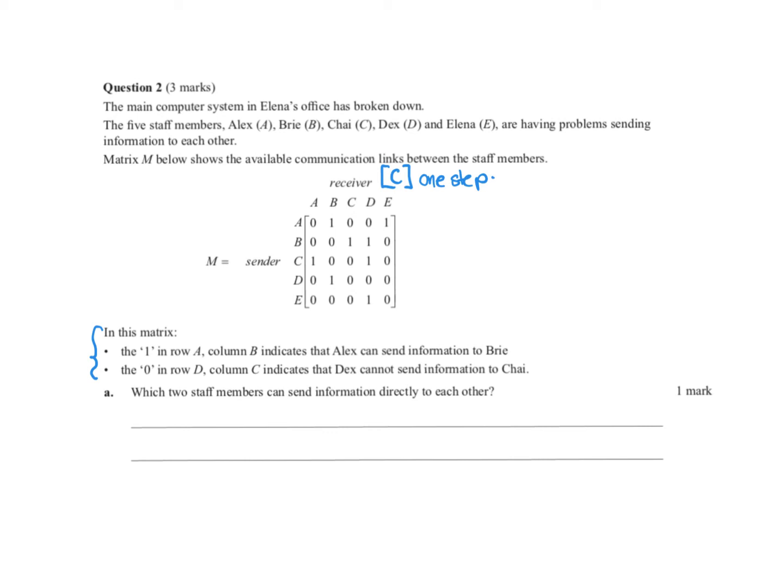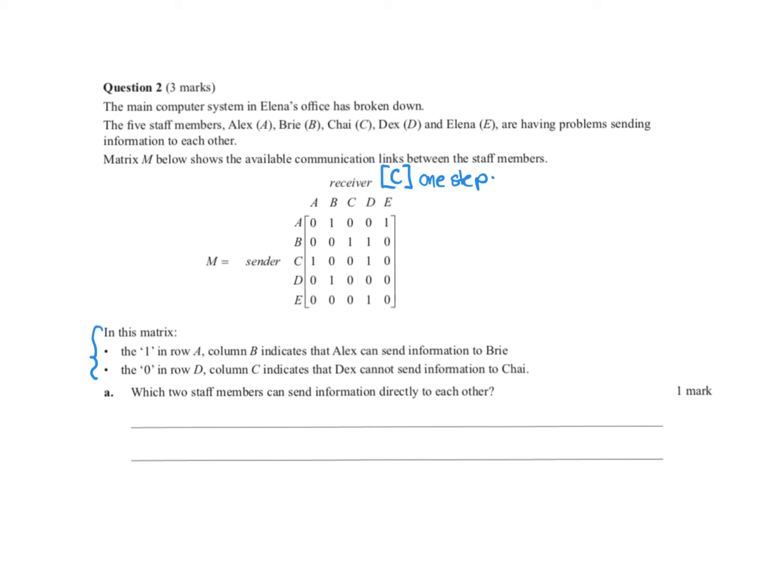It says which 2 staff members can send information directly to each other. So what you want to see is that if you have a 1 between 2 letters, you want a 1 in both combinations. Someone just shouted out, B and D?